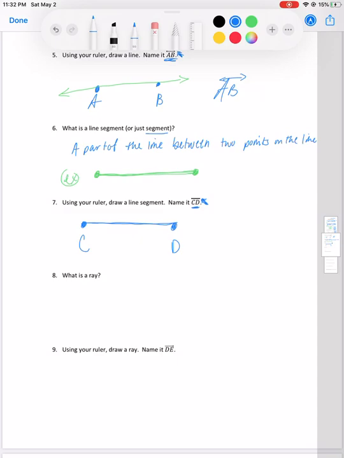What is a ray? Okay. A ray is a part of the line on one side of a point on the line. Okay, a part of a line on one side of a point on the line.